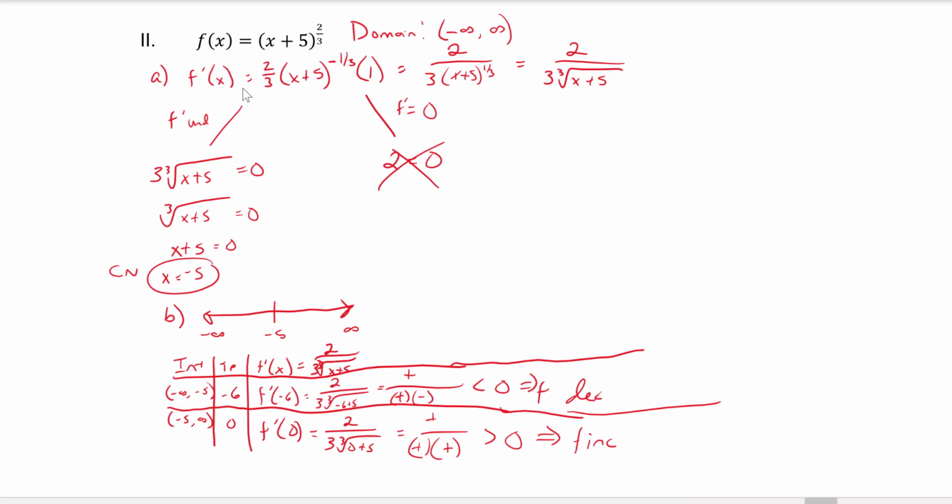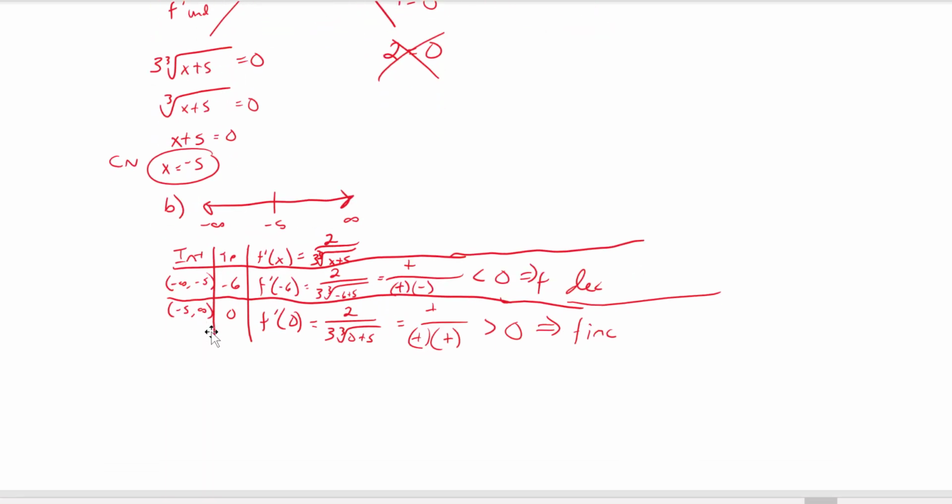So we now know our open intervals. f is decreasing on negative infinity to -5, and it's increasing on -5 to infinity.